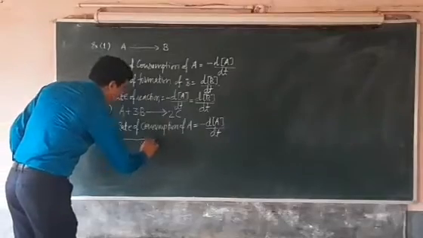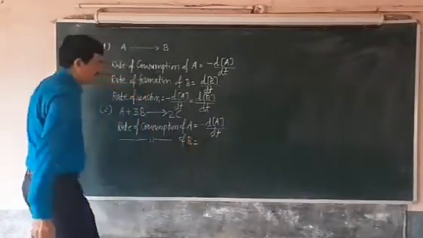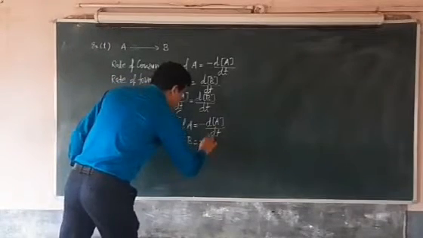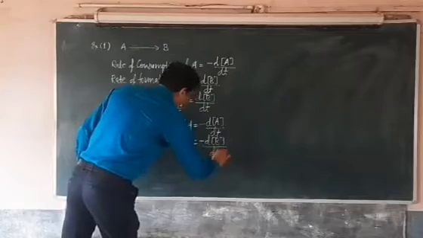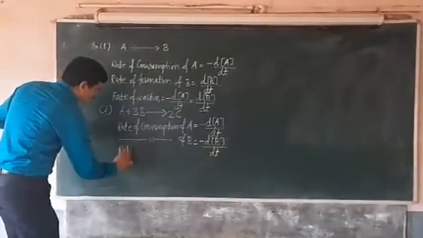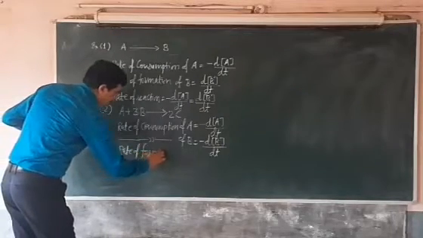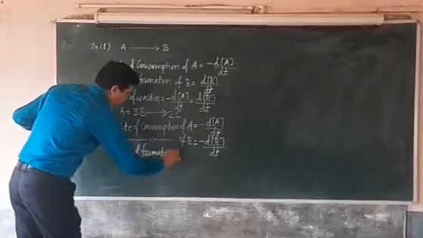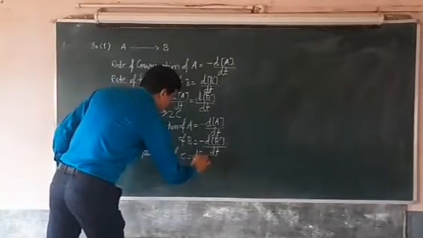Rate of consumption of B will be equal to minus dB by dt, while the rate of formation of C will be equal to dC by dt.